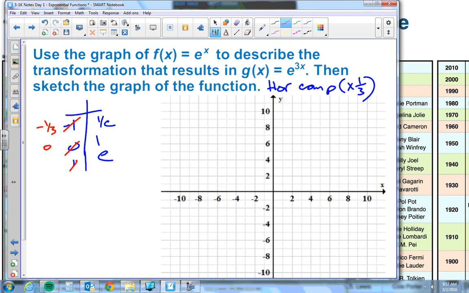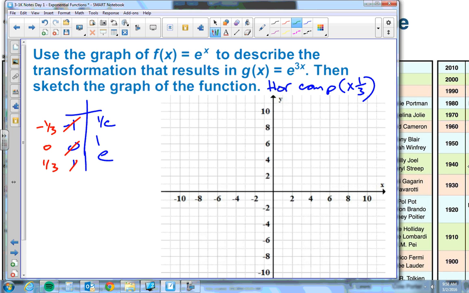Now you get to choose which points you put. I want 3 good points plotted. This isn't going to be wonderful because we're going to have to estimate those. But the alternative is, if I had x values of 3, that'd be good, but then my y value would be e cubed. I don't know what e cubed is. So I'm just going to use those numbers and get the graph drawn.